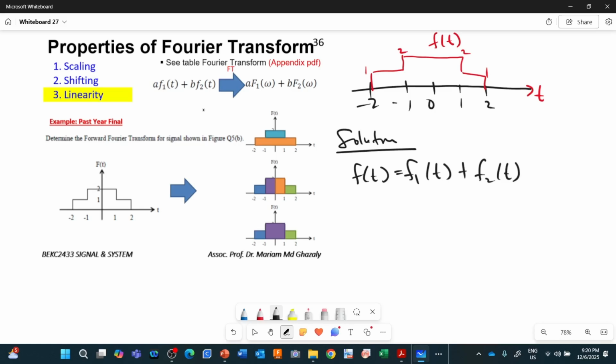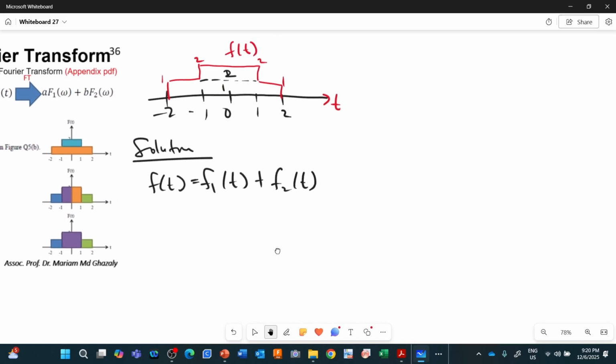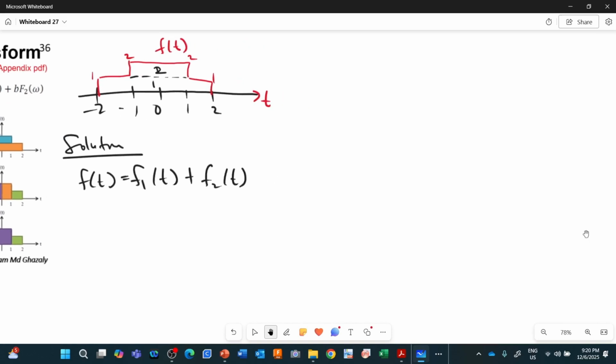Okay, so what does it mean? I'm going to do like what you have done before. Basically, we call this 1 and this 2, up to you which one you want to label. I'm going to label the down part as F1T and the second one as F2T. Based on that, we need to draw out first. I'm going to draw on the left side.